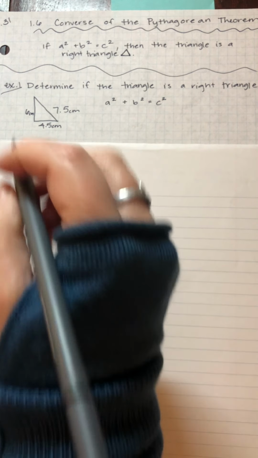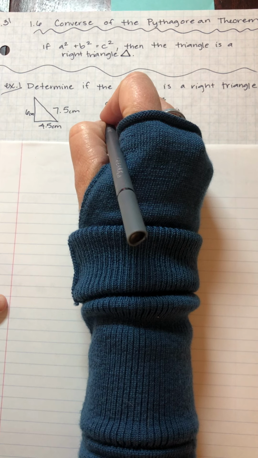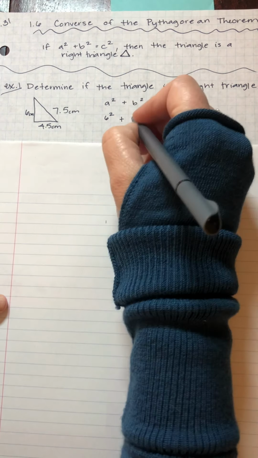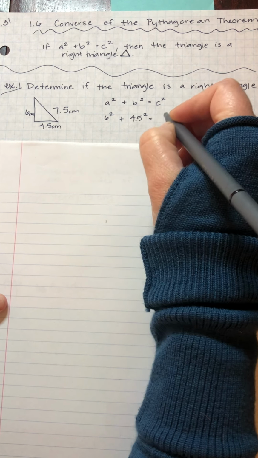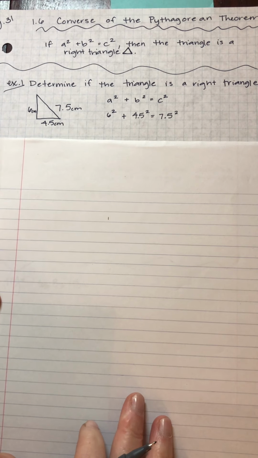So in this example, a is going to be 6 for me, so I'm going to have 6 squared. And b is going to be the bottom, the base, so that's going to be 4.5 squared, which leaves 7.5, the longest side, as my c squared. Okay?